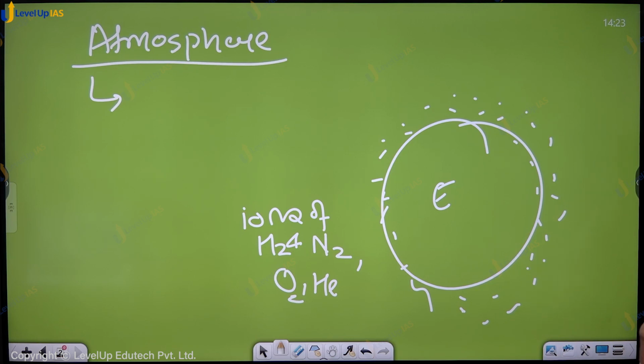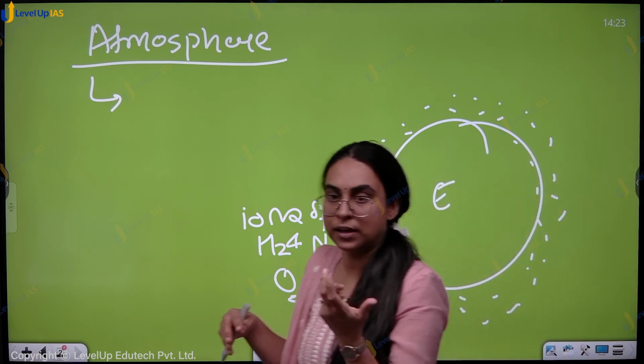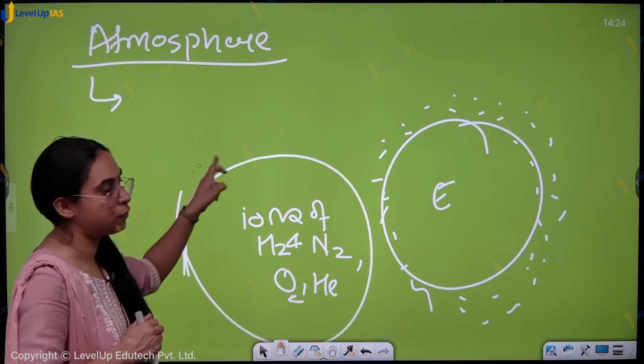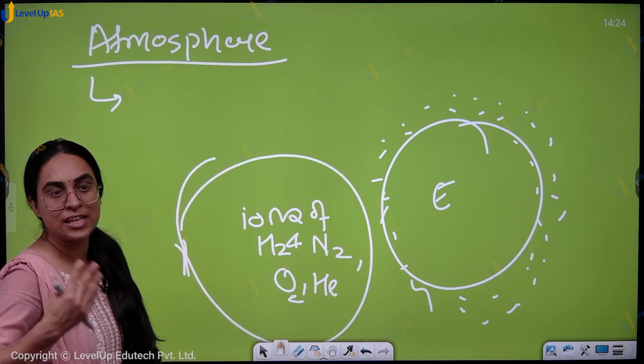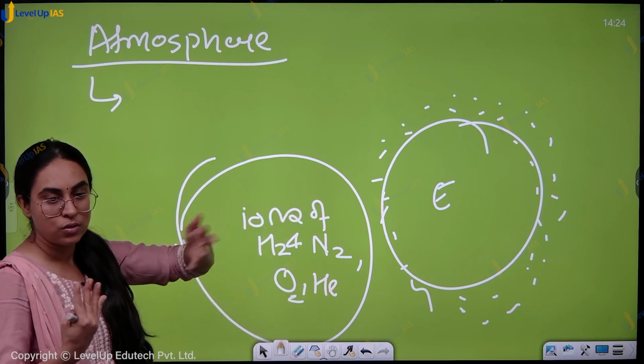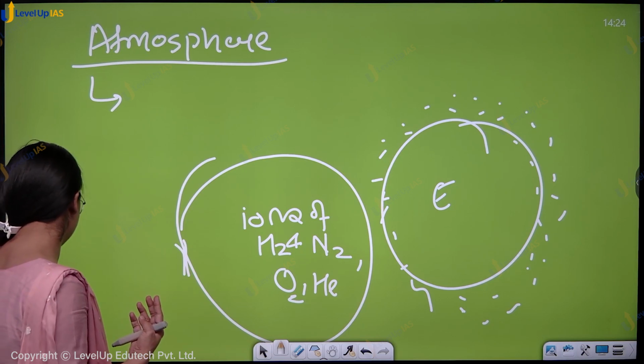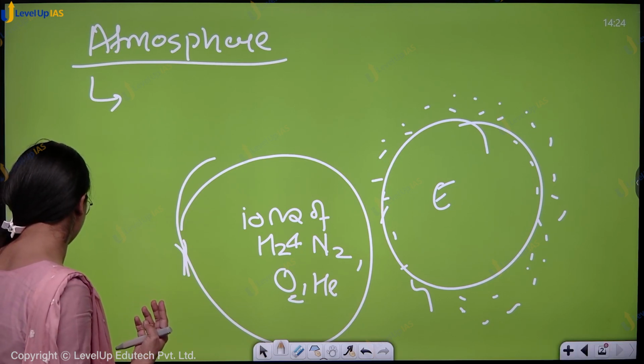Hydrogen is split, it is in ionic form. Oxygen has split, it is in the ionic form. These are also found in your atmosphere. It is these ions that interact with the solar winds. Okay, so this is atmosphere.